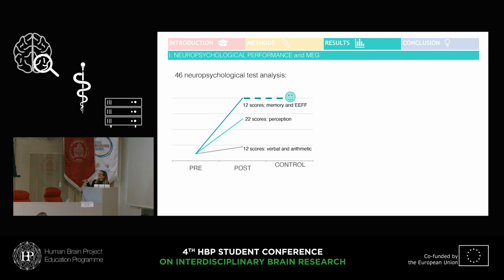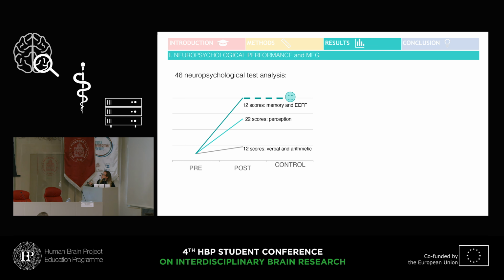Okay, so here we have the results. We took 46 neuropsychological tests, and we found that of those 46, 12 scores mainly related with memory and executive functions improve between the pre and post, so after the treatment, even equating the control group performance.